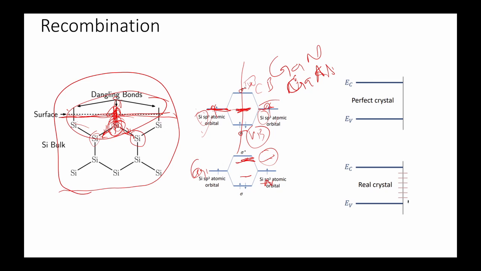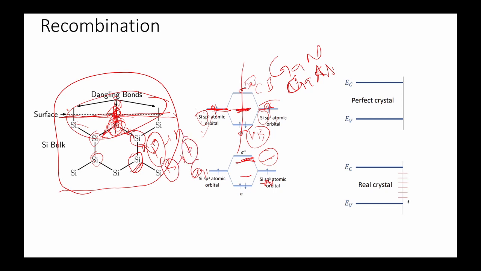If this silicon or any other silicon is missing, that can be in the bulk also. Or when we dope a semiconductor, this silicon is replaced by phosphorus for n type, and by boron for p type.